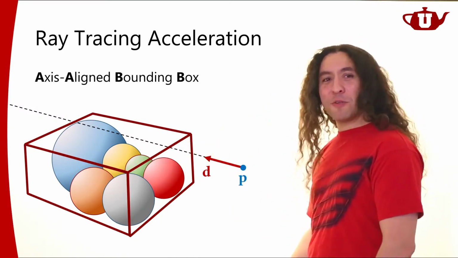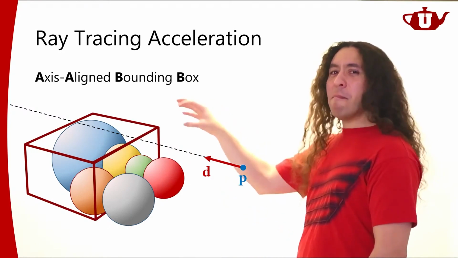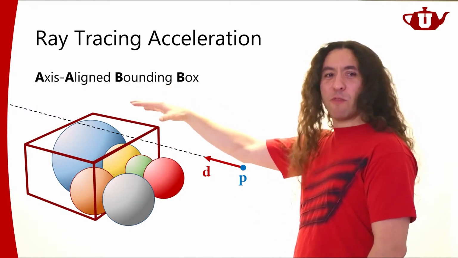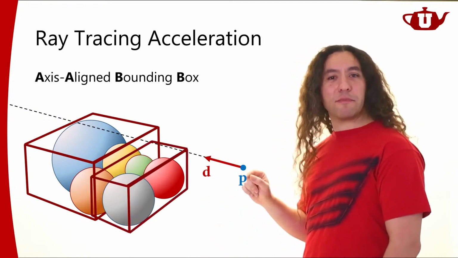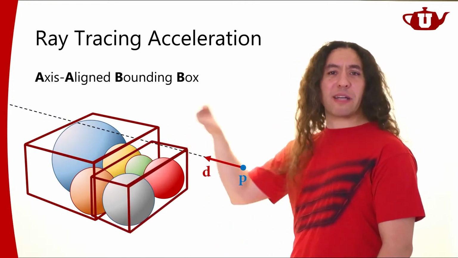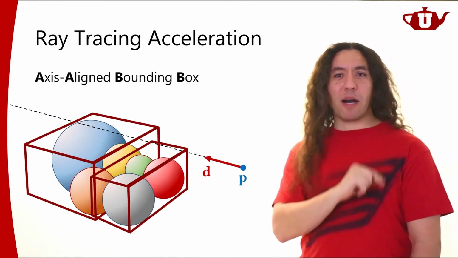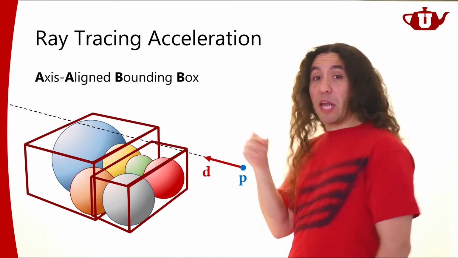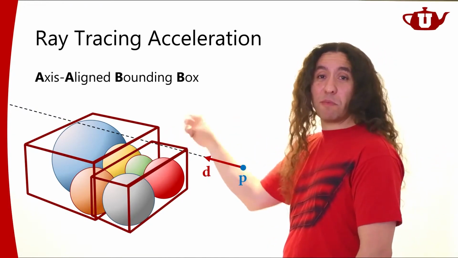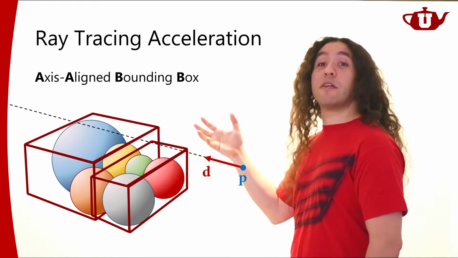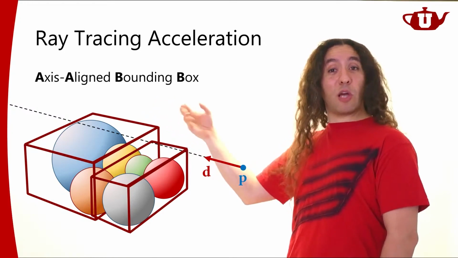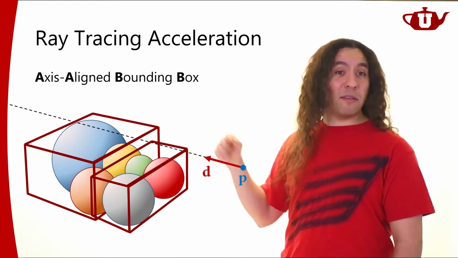So how about we put some spheres in one bounding box and the rest of the spheres in another bounding box. So I can just do 2 box intersections instead of 1 box intersection. Still, it's relatively cheap if there are just box intersections. And I have fewer spheres per box, so it's even better.